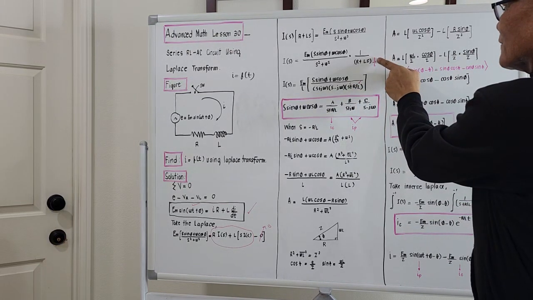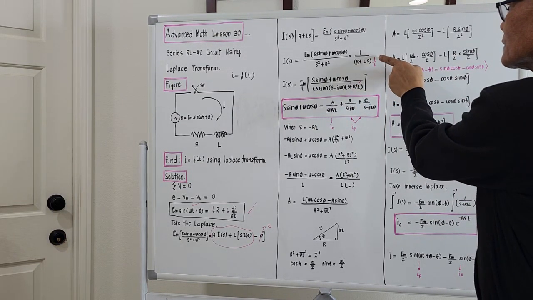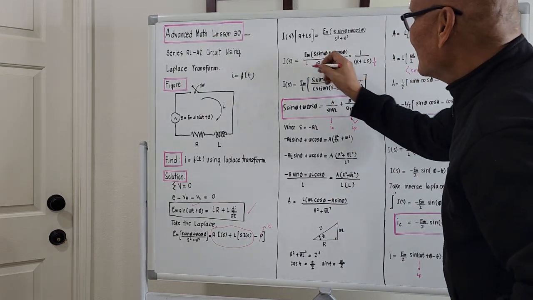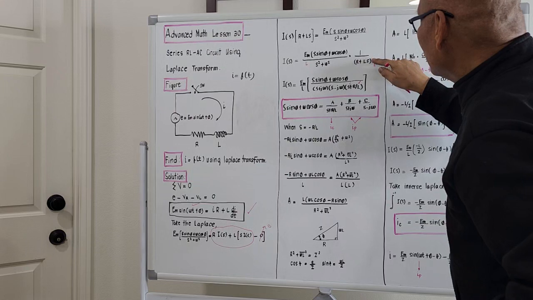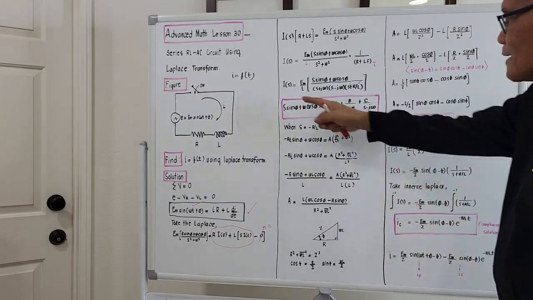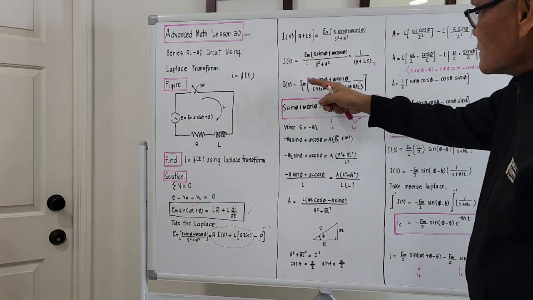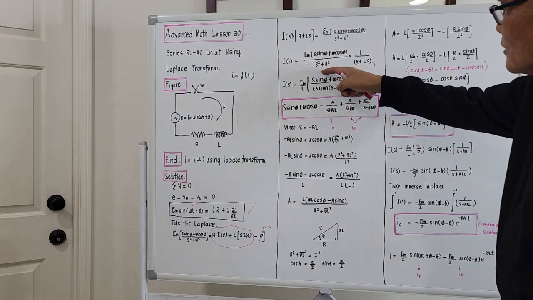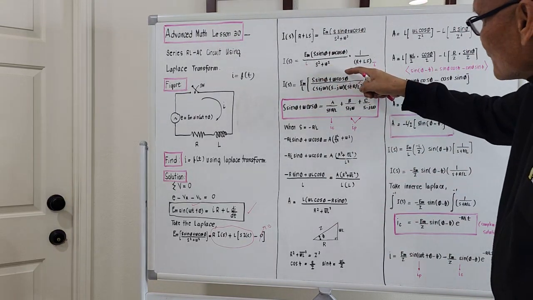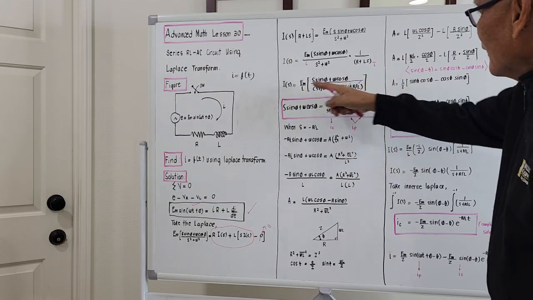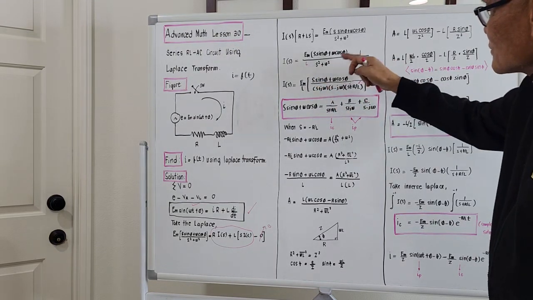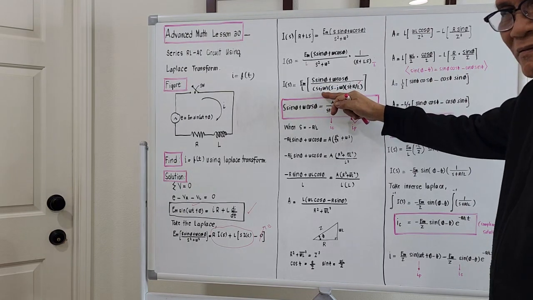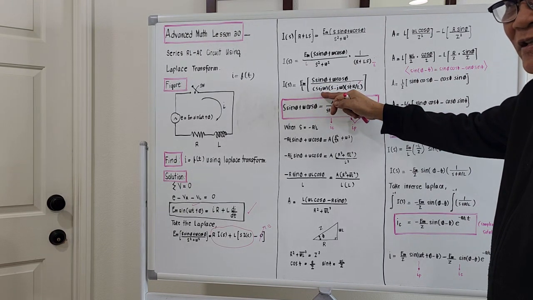There's one L that remains over here, so I will put this L here. I will remove this one now. So what comes out for I capital letter S as a function of S is E sub m over L times the quantity S sine of angle phi plus cosine of angle phi, all over S squared plus omega squared, which is actually the product of S plus J omega, S minus J omega, real part and imaginary part.